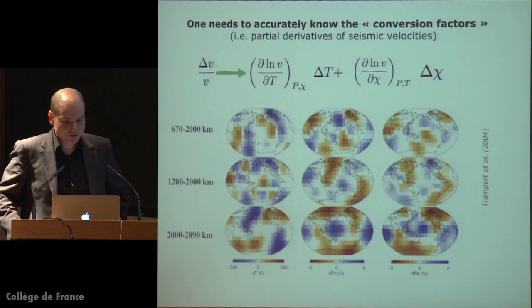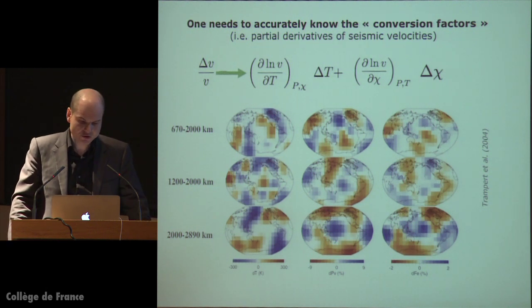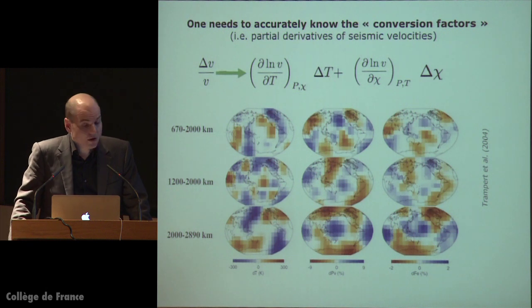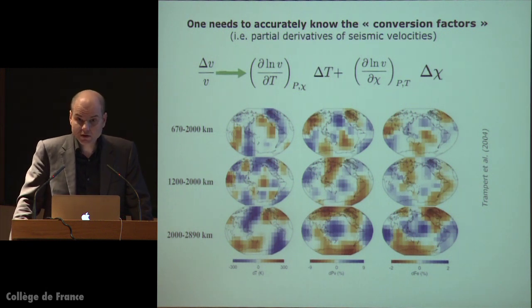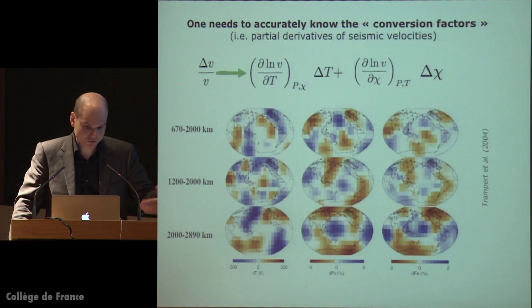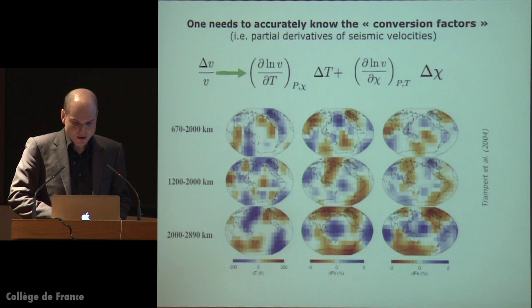What he did in this work was that he clearly showed that there might be long wavelength chemical heterogeneities in the mantle that would correspond to the tomographic images.